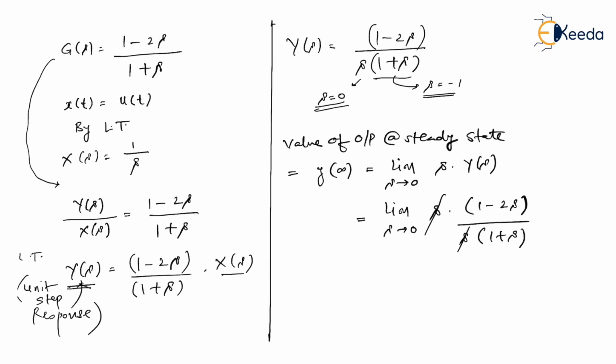Here s gets cancelled, right? Now whatever remaining, just substitute the value of s to be 0. So y of infinity comes out to be 1. So this is nothing but the final value, right?